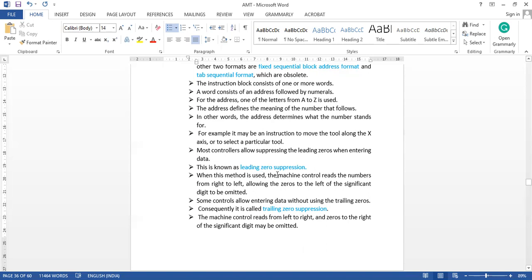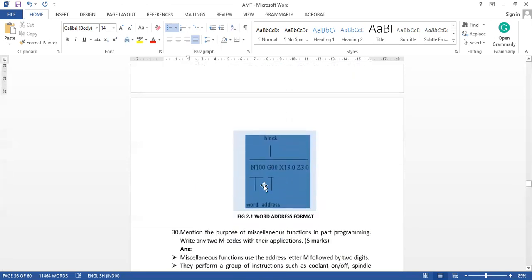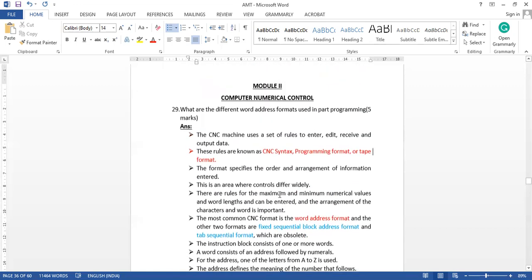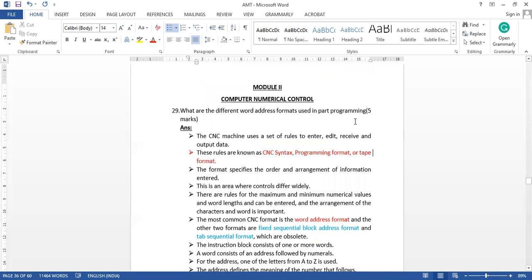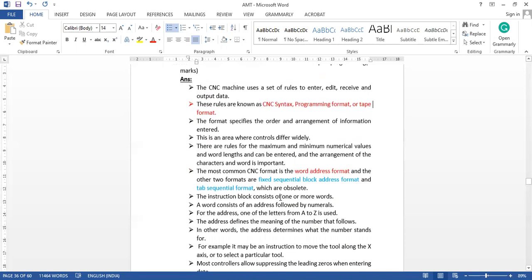You have to write this and explain this: N100 G00 X13 Z3, this is the block, and this is the word address format. That's all about the question. You can write this.